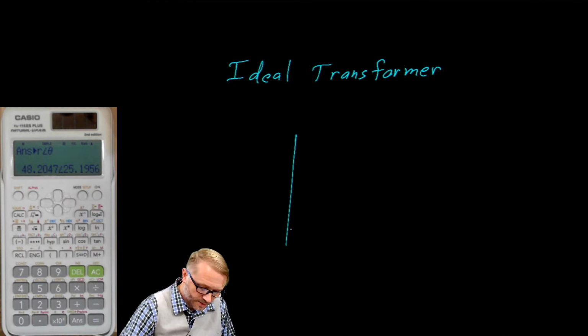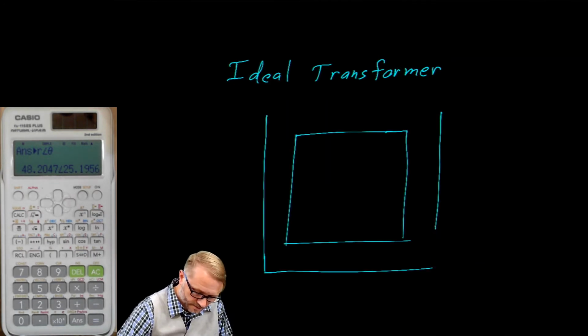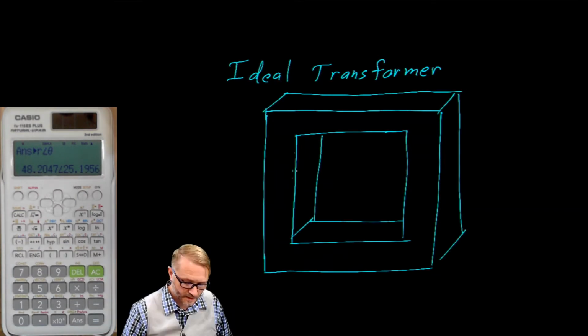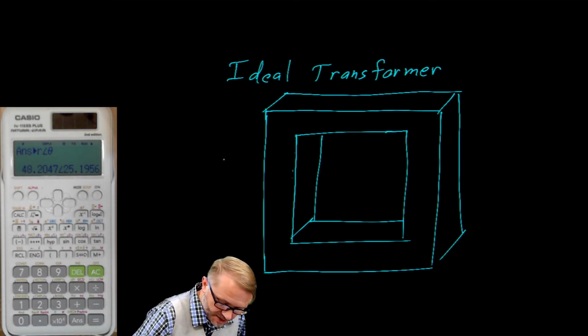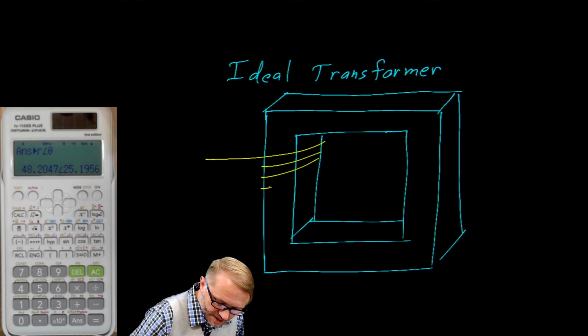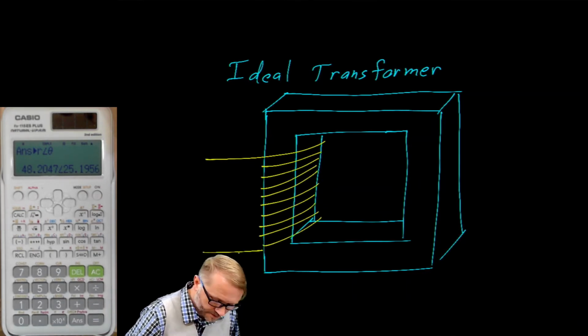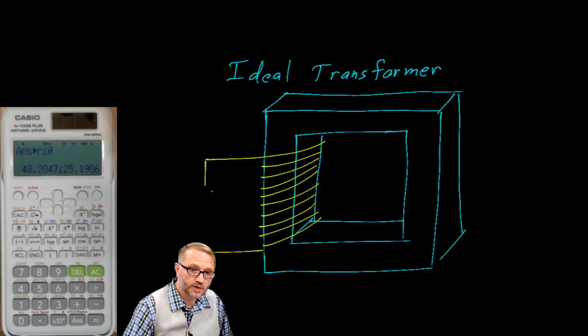a transformer looks something like this. This is an iron core. Onto this core, we are going to wrap many turns of wire. On this side, which we'll call the primary side, we will connect the wire to an alternating current source.